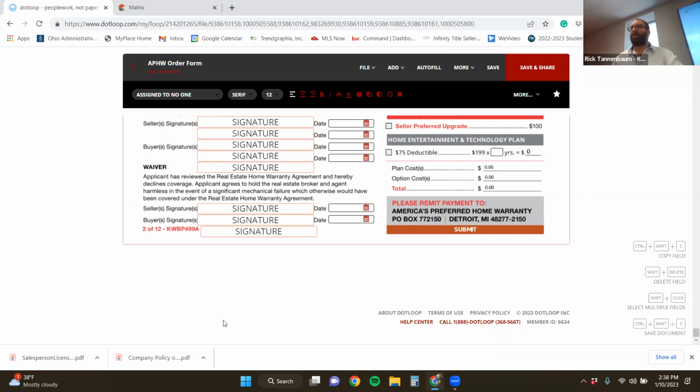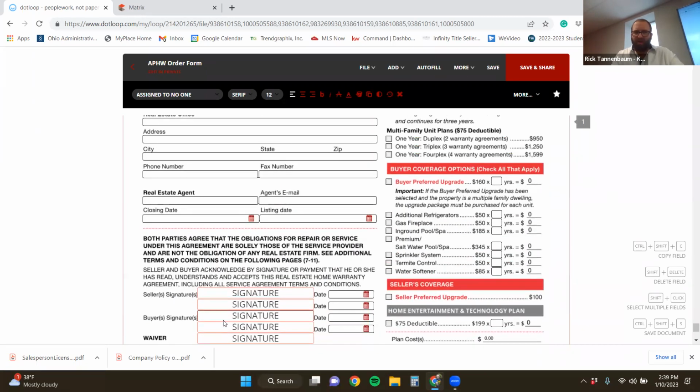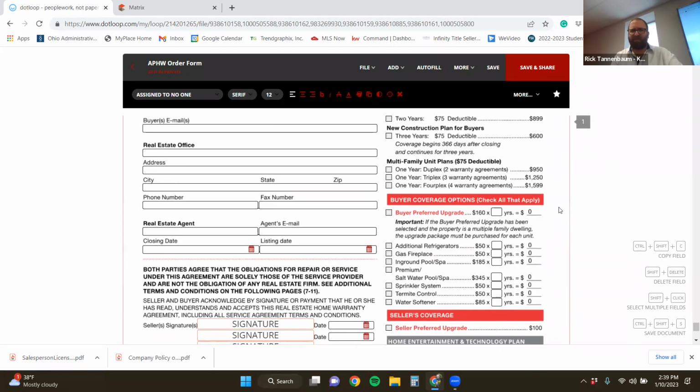Even investors have to sign when they come to the house. Yep, and even if it's a multifamily house that doesn't qualify for America's Preferred, if it's a rental property, if I'm not mistaken, I don't think they cover multifamilies, I believe that it has to be an owner occupied house to qualify for a home warranty.